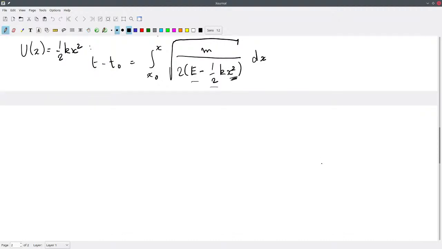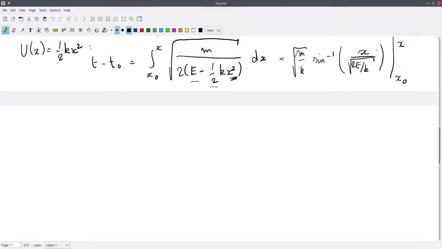And what we'll find is that after a little bit of algebra and introducing some other variables and so on, this is the square root of m over k times the inverse sine of x over the square root of 2E over k, evaluated between x0 and x. And that we can invert.